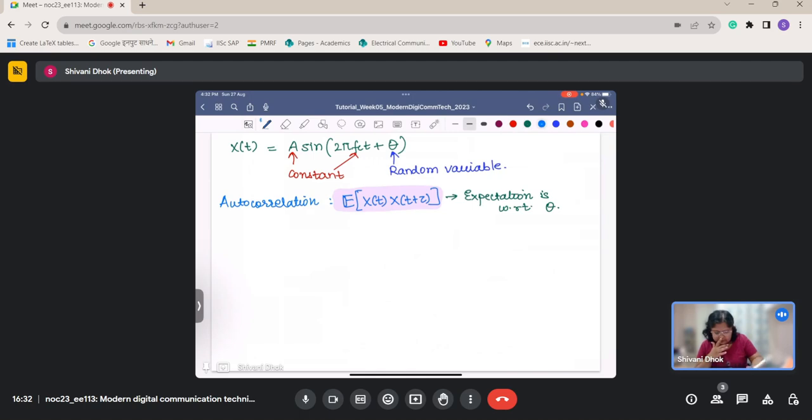Okay, so let's try to do it. And in general, how do we find expectation of it? So let us first look at how to find expectation.